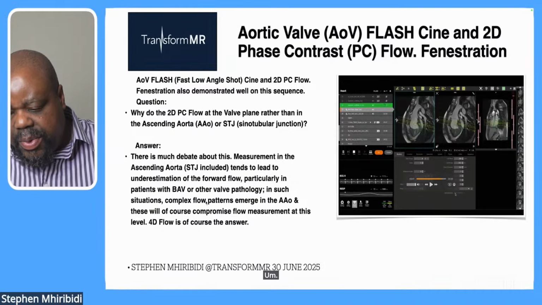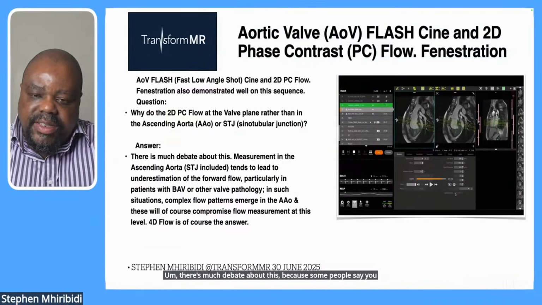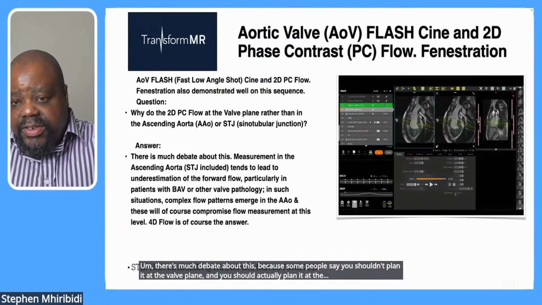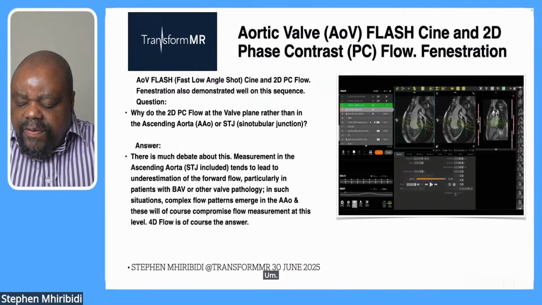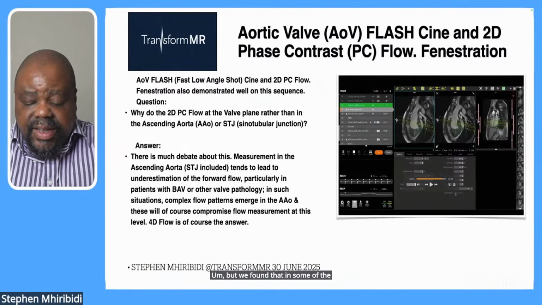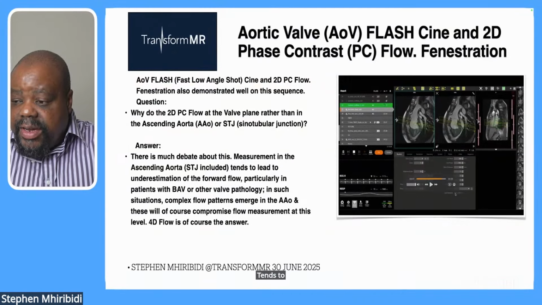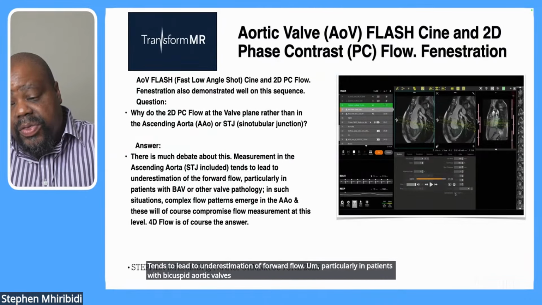There's much debate about this because some people say you shouldn't plan it at the valve plane and you should actually plan it at the sinotubular junction or in the ascending aorta. But we found that, and some of the literature does state this, that measurement in the ascending aorta tends to lead to underestimation of forward flow, particularly in patients with bicuspid aortic valves or other valve pathology.